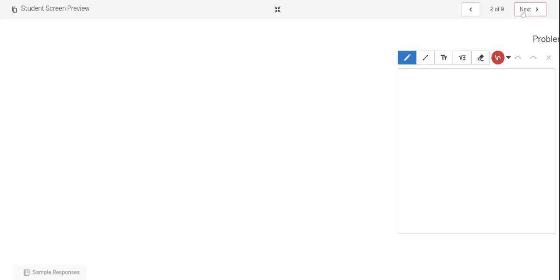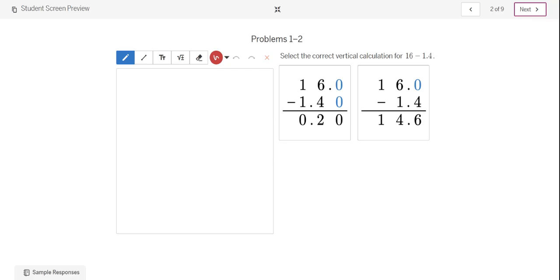So here we go. Let's see what it's asking us to do. It says select the correct vertical calculation for 16 minus 1.4. Well, right here, the decimal points don't line up. I really need it to be 16.0, and then the decimal points need to line up like that. And so with 1.4, that's how it sets up.